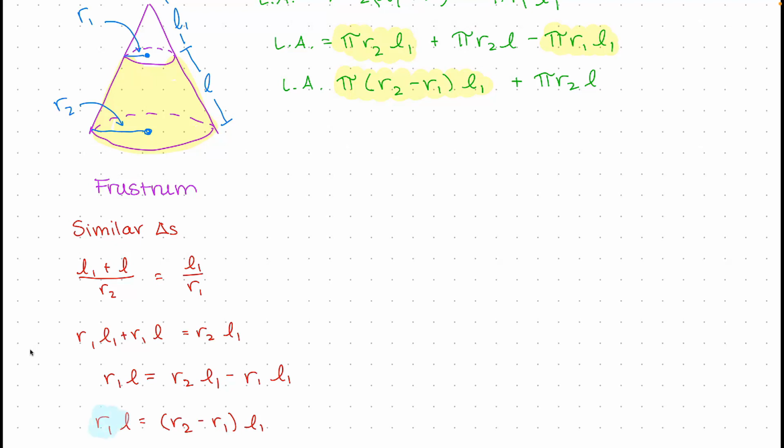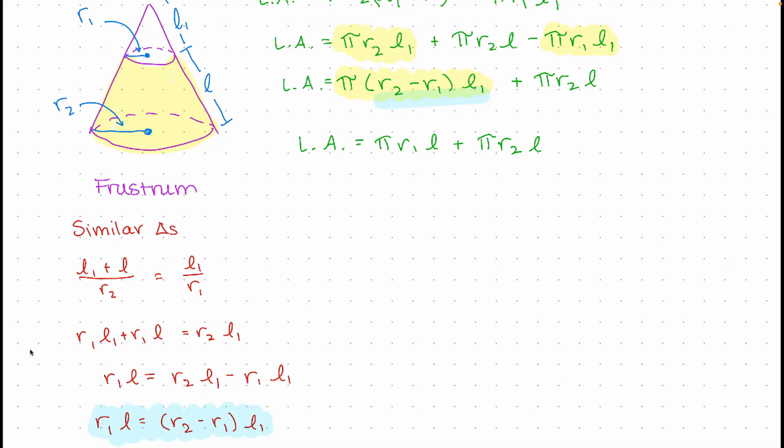Because now this can actually go. I have some substitution. Oh my God, I can't say words anymore. I can substitute. So the lateral area for this frustum, I can now say is pi, and then that part that I underlined in blue highlighter is R1 L, plus pi R2 L. I'm almost there.